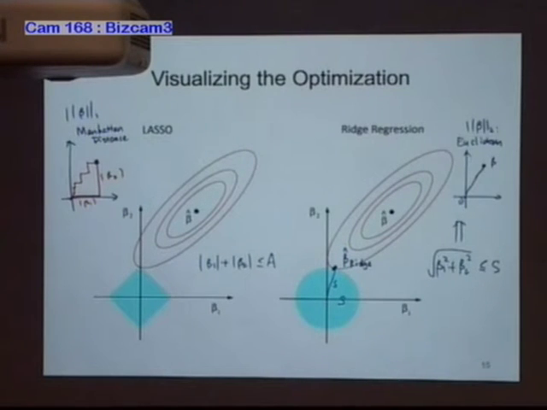Given the constraint, say you are in Manhattan and you can travel 10 blocks. That's a constraint. You can go at most 10 blocks away from the origin, and the result will be a diamond. Given this diamond, the optimal solution is on the axis. You see there's a sparse solution here.